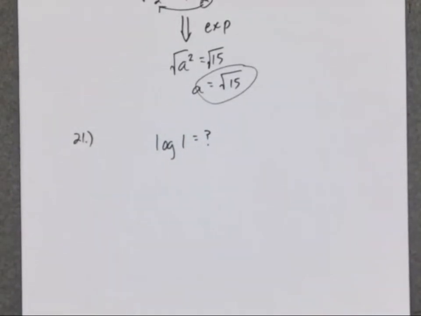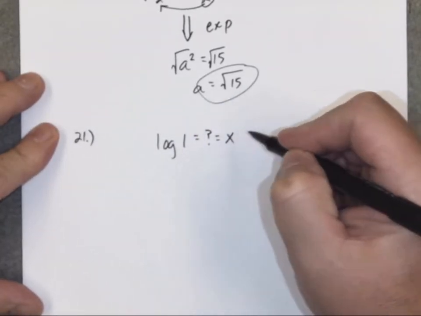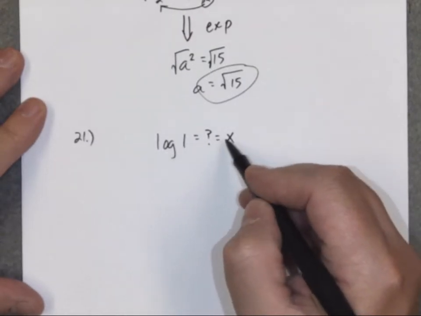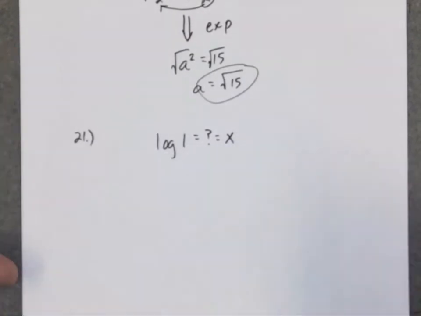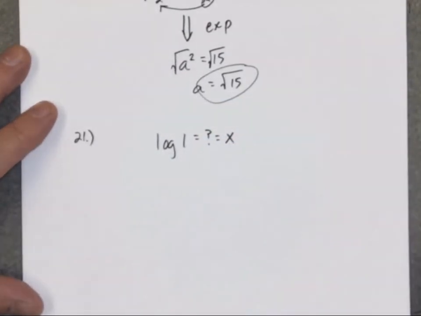Let's figure out what the log of 1 is. 1's a pretty common number. Let's just call it x. Common log 1 equals x. What is x? What is this equal to? Let's convert this to an exponential.